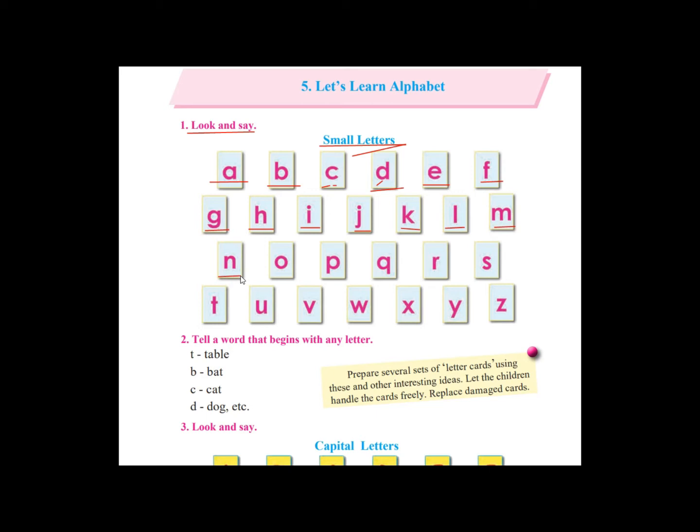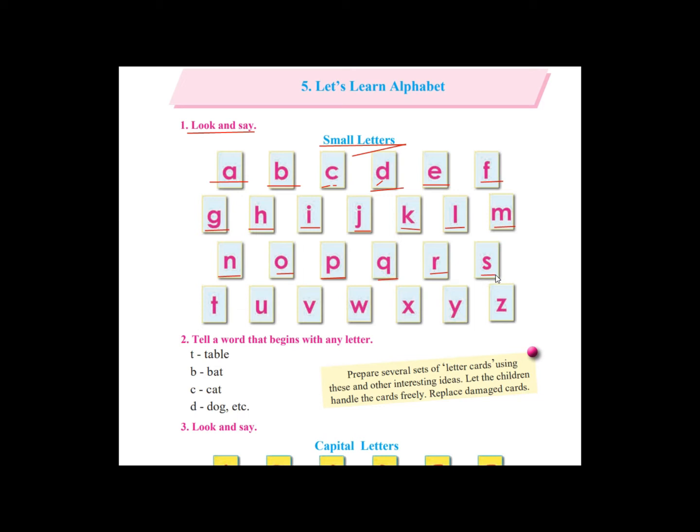N for nest. This is O. O for orange. What is this? P. P for parrot. This is Q. Q for queen. This is R. R for rabbit.